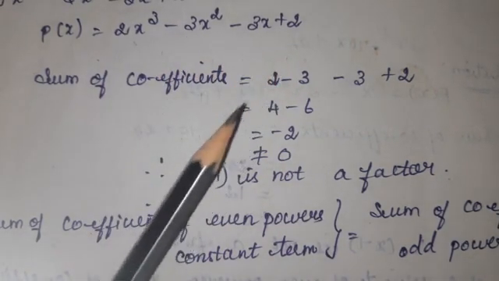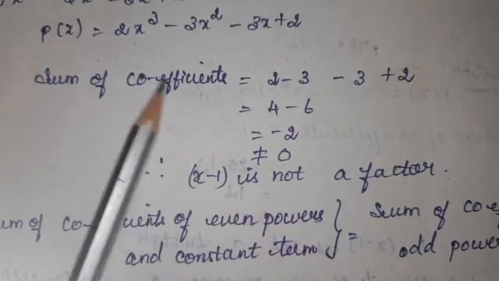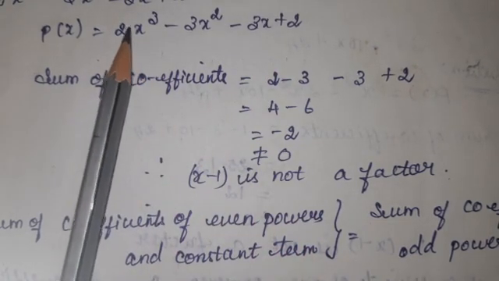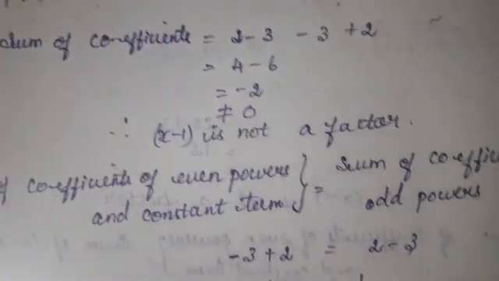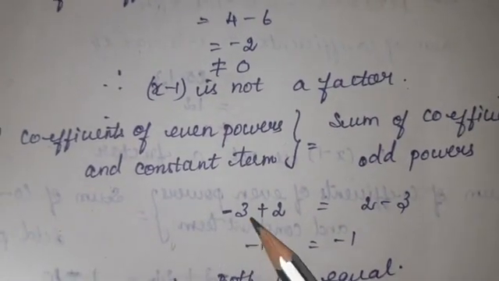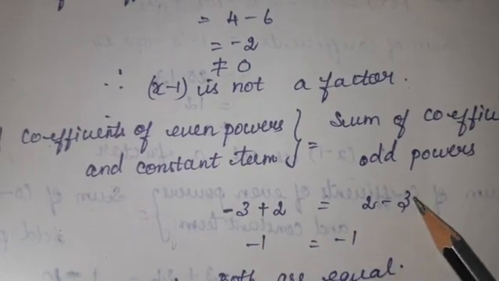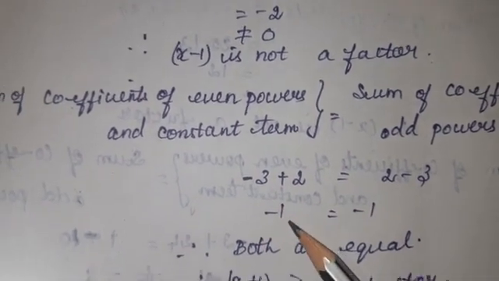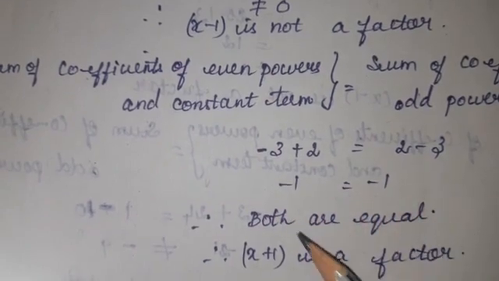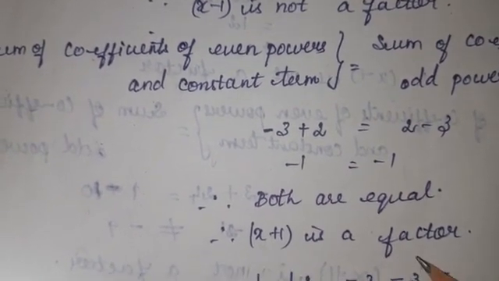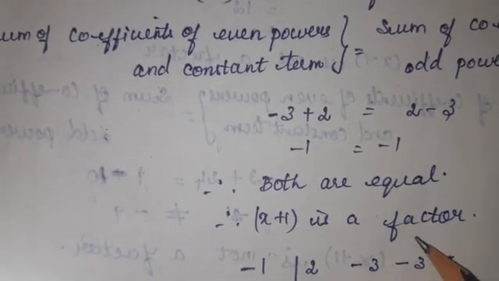So minus 3 plus 2 I have written on this side, is equal to, on this side the odd powers are this one and this one, so 2 minus 3. Minus 3 plus 2 is minus 1, 2 minus 3 is minus 1. Both are equal. That means x plus 1 is a factor.